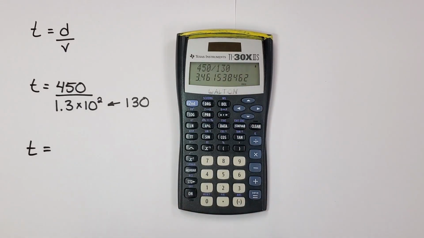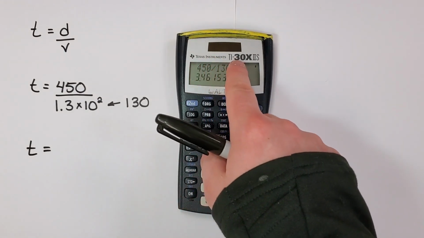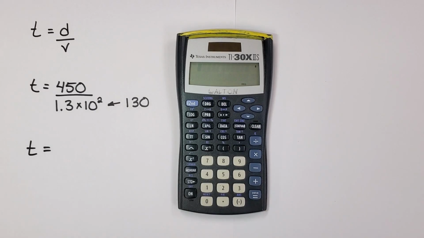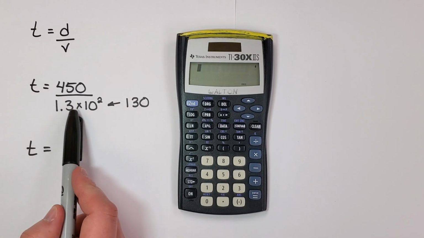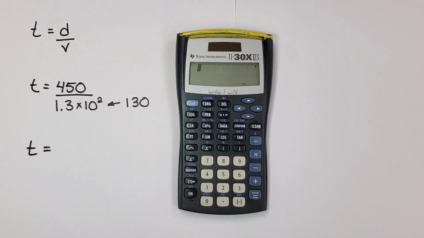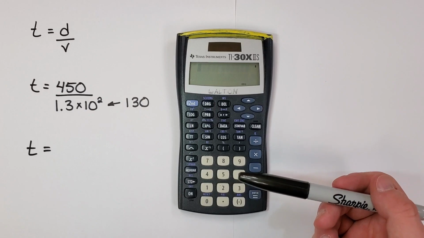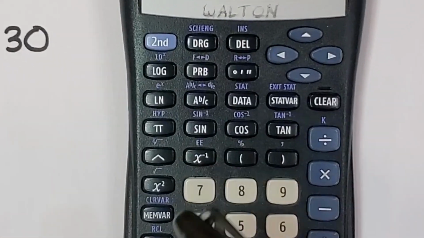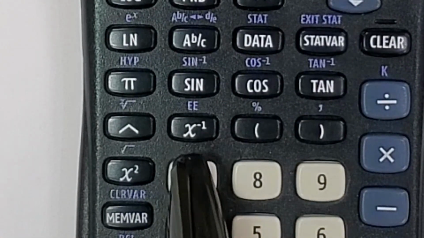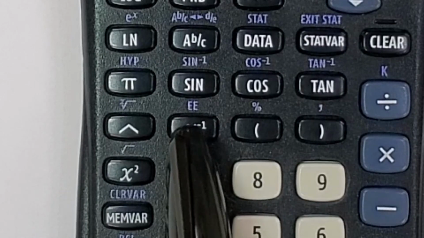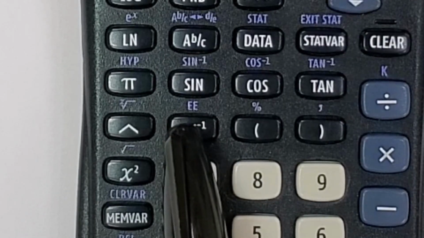Here we're using a Texas Instruments TI-30X2S. I'm just going to clear the data right now. The specific button we should be using, instead of times 10 to the power of, is right above the x to the power of -1. It's written in blue letters, and it's EE.